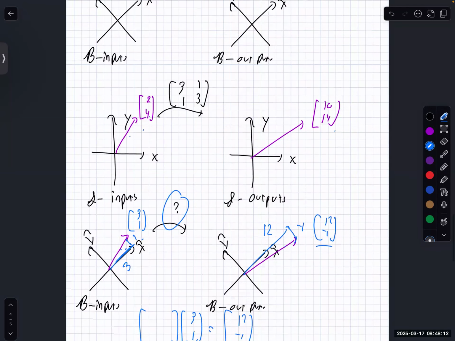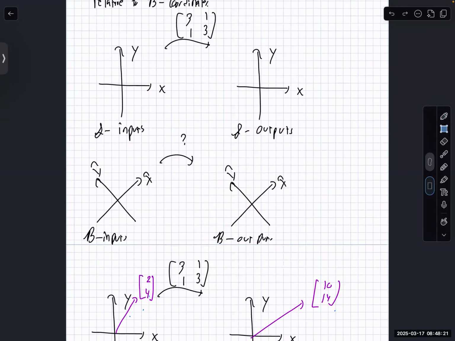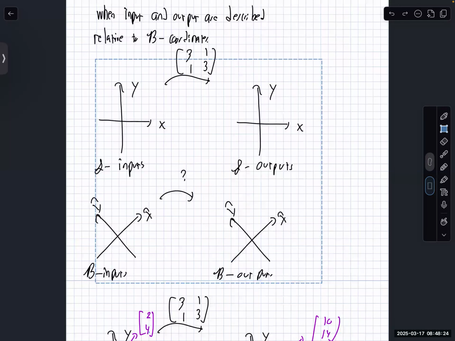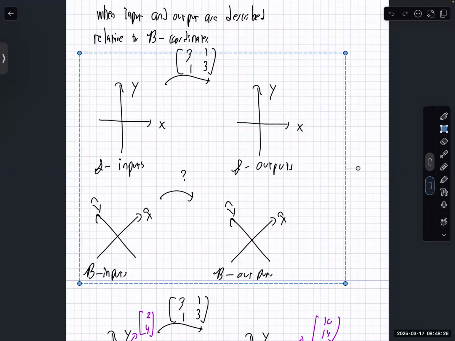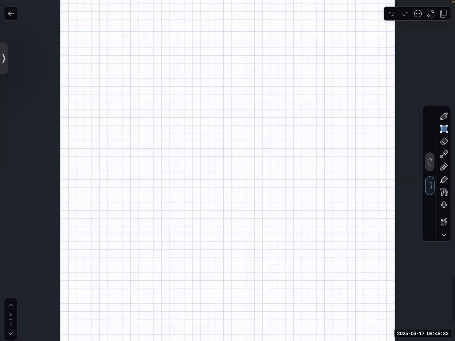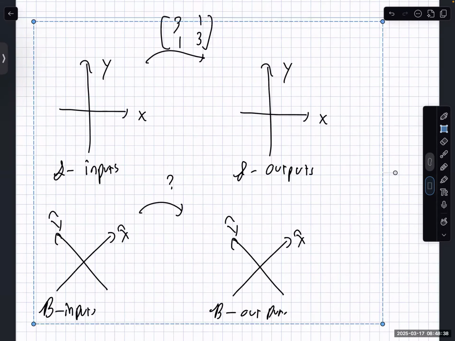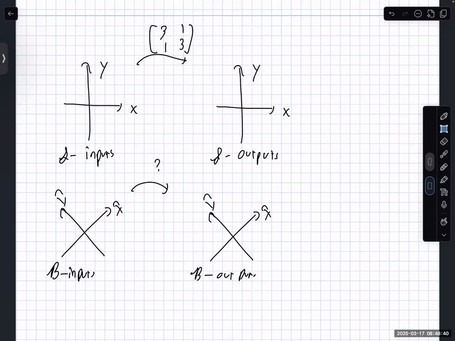Okay, let's draw that picture again. So we know we want to start here and end here.